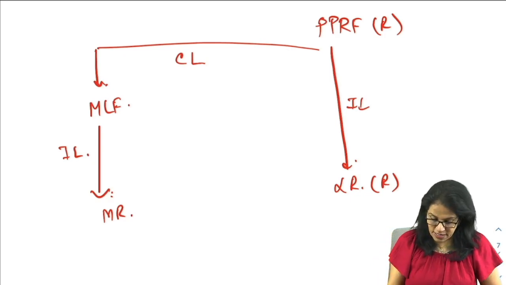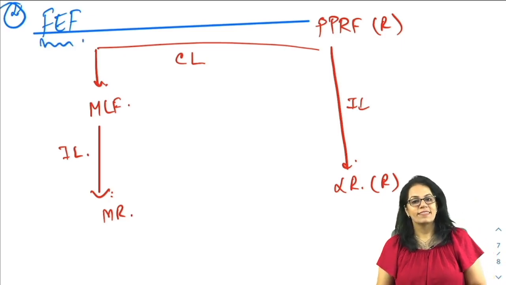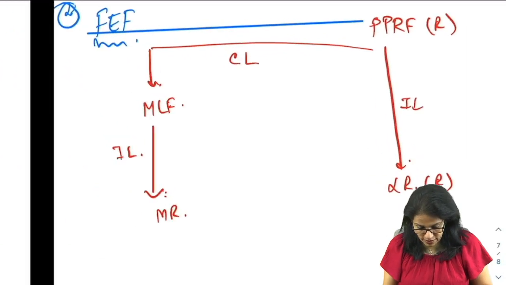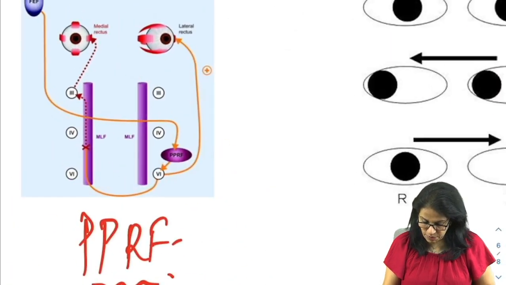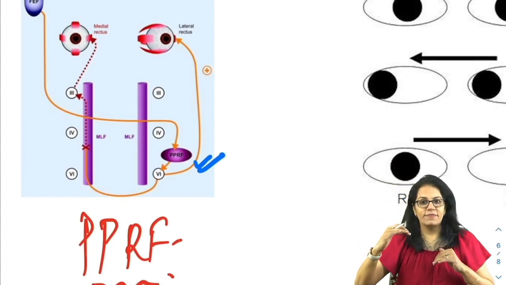Now, this is further managed by the opposite side. That means left-sided frontal eye field. This is another thing we will keep in mind. Correct? Now, once you are very clear, let's have a look here. This is your PPRF. Everybody knows supranuclear control, then nuclear, then the nerve, then the muscle.